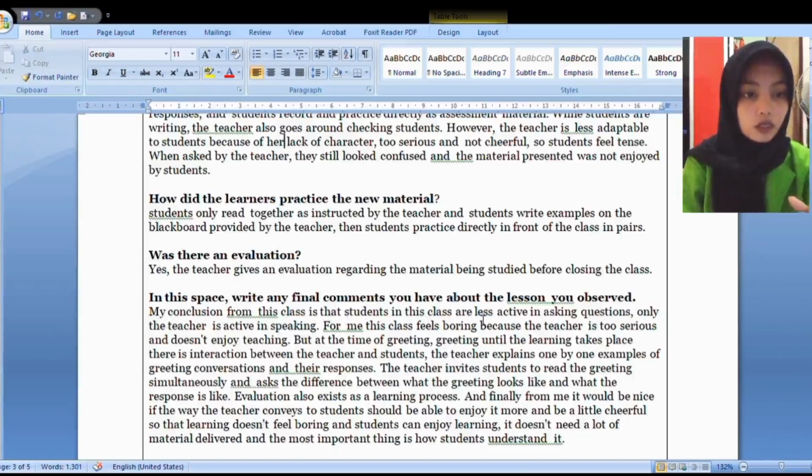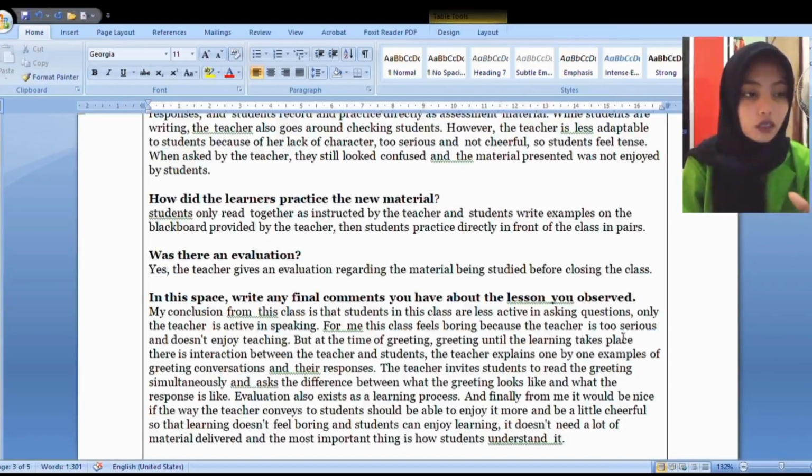For me, this class feels boring because the teacher is too serious and doesn't enjoy teaching. But from the time of greeting until the lesson takes place, there is interaction between the teacher and students. The teacher explains examples of greeting conversations and their responses one by one.